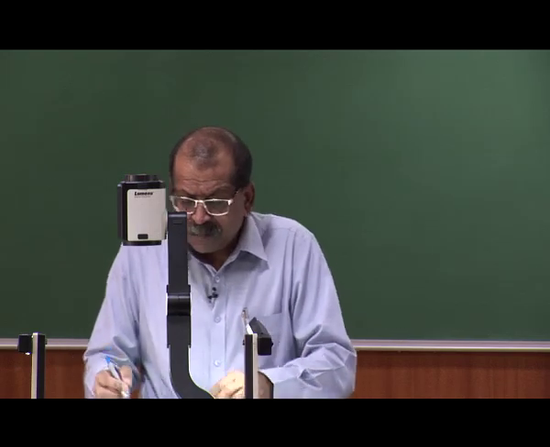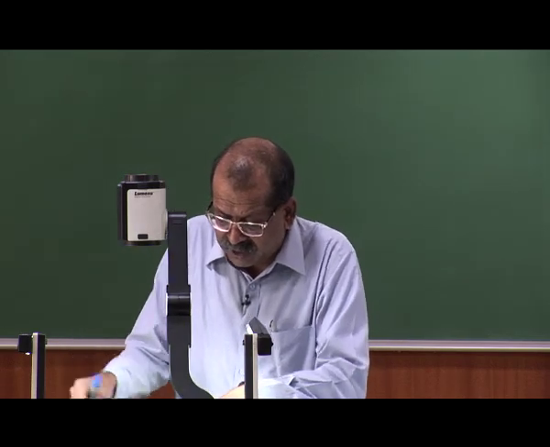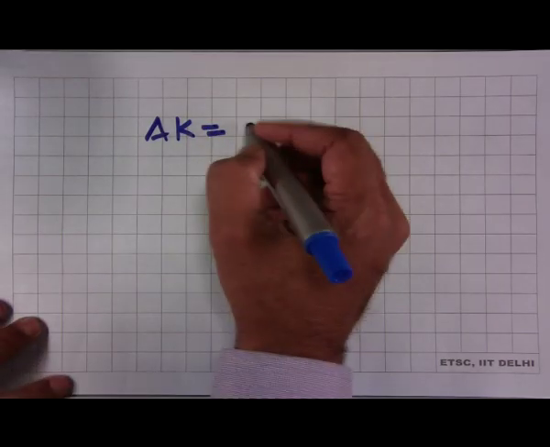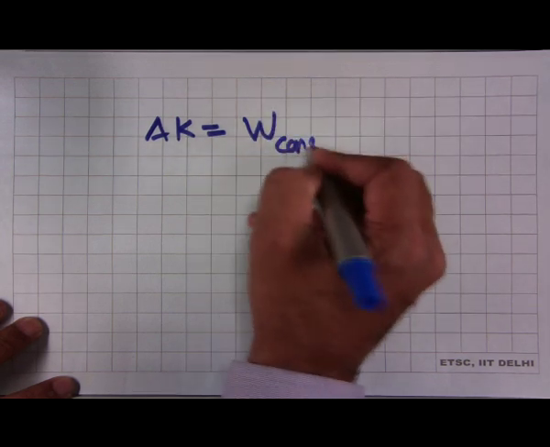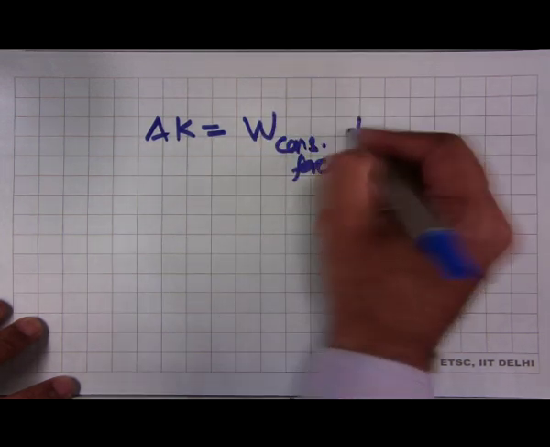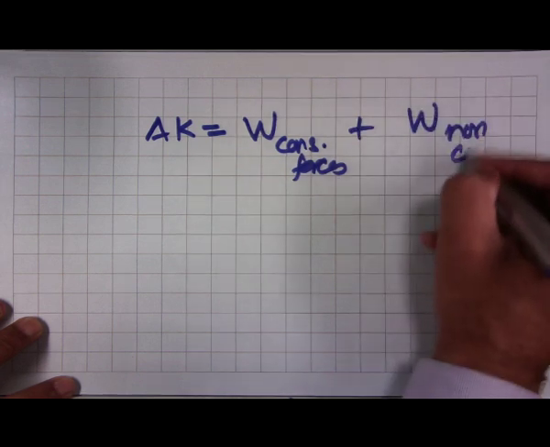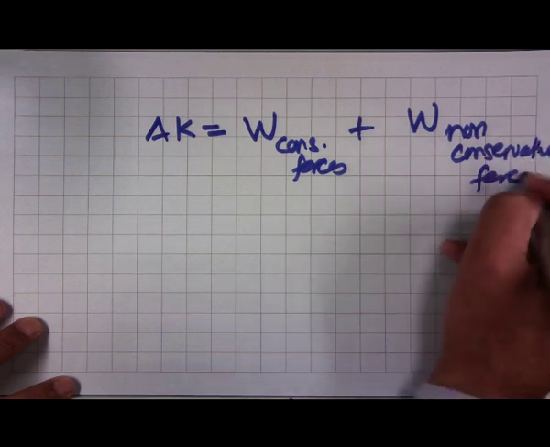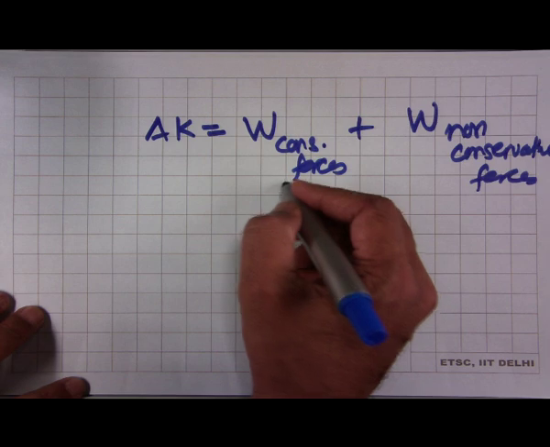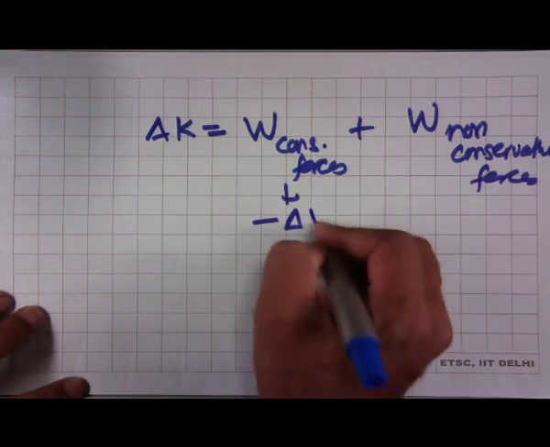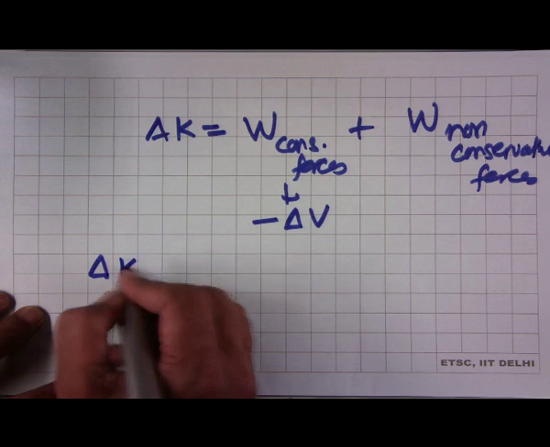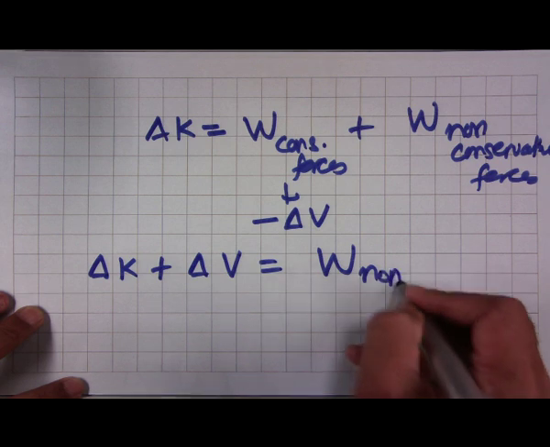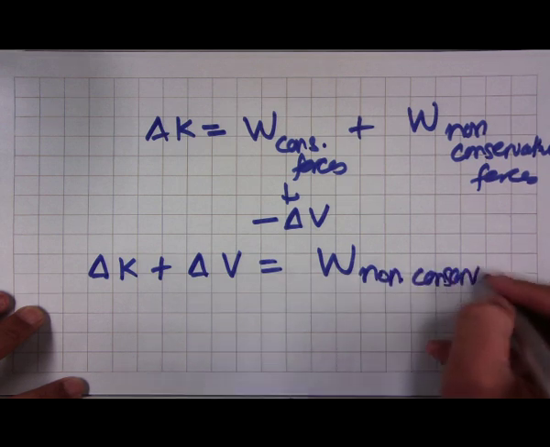So, let us come back to the work energy equation: delta K is work done by conservative forces plus work done by non-conservative forces. And the work done by conservative forces can be written as minus delta V. So, this gives us delta K plus delta V is equal to the work done by non-conservative forces.